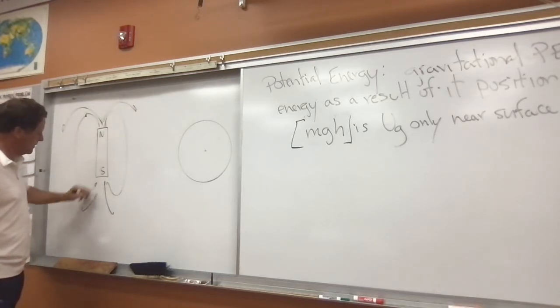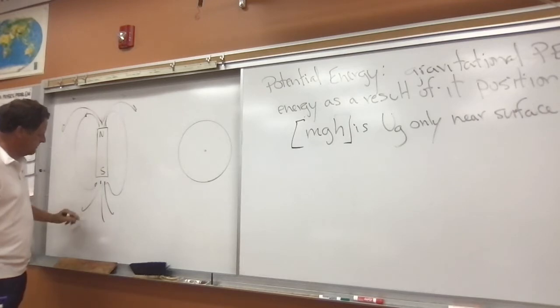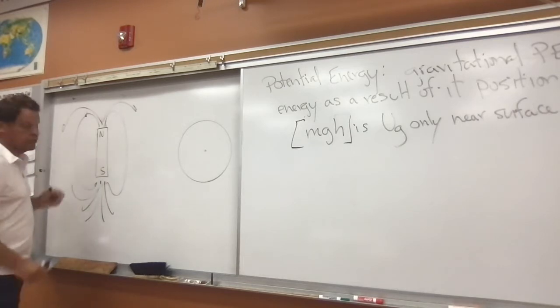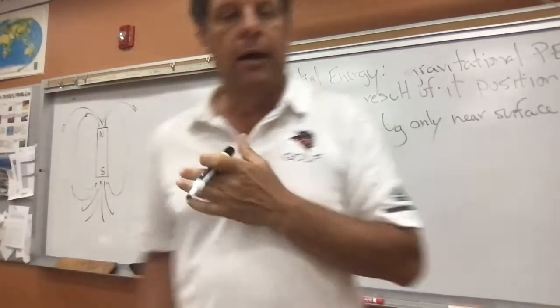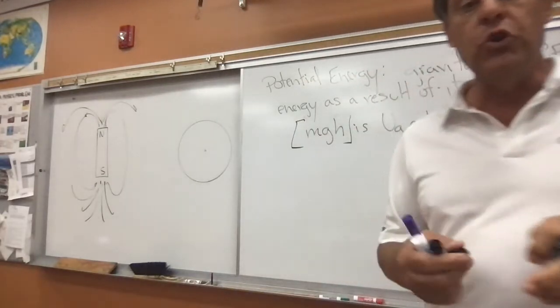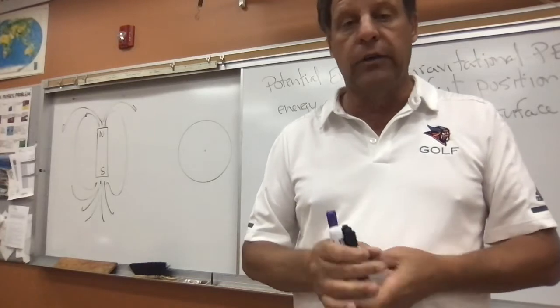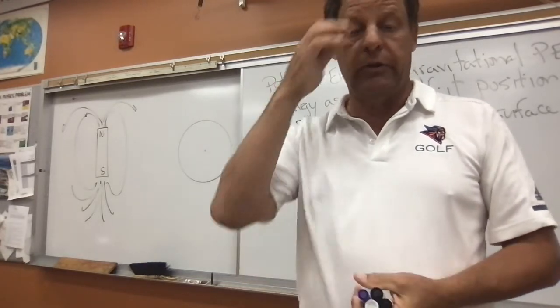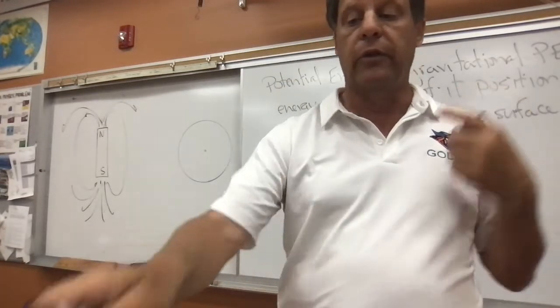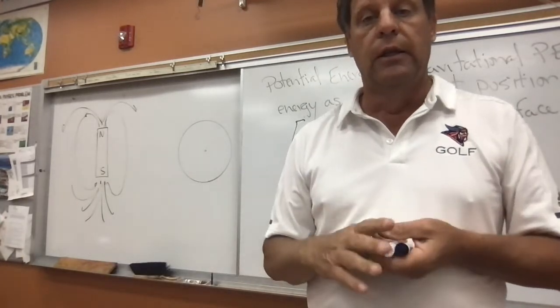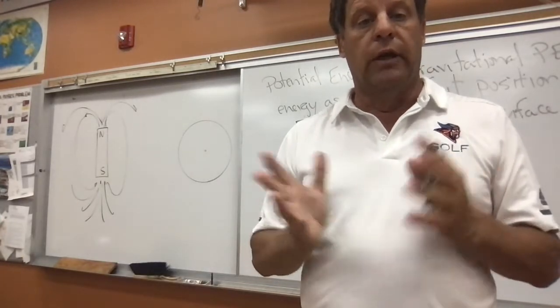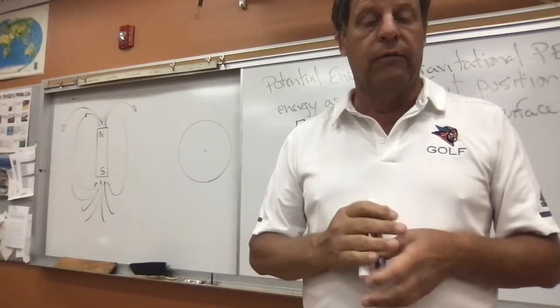And you get something like that, right? If you have not seen that, just Google magnetic field of a bar magnet, and you'll probably see that diagram, and you can look up a video that shows it with iron filings.